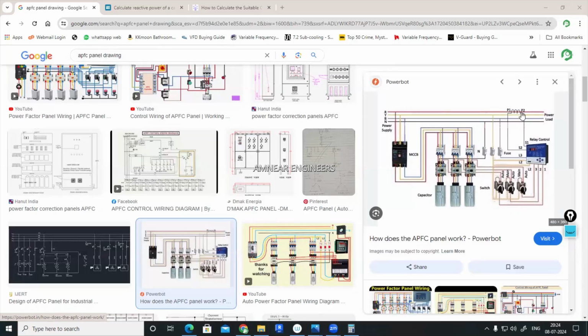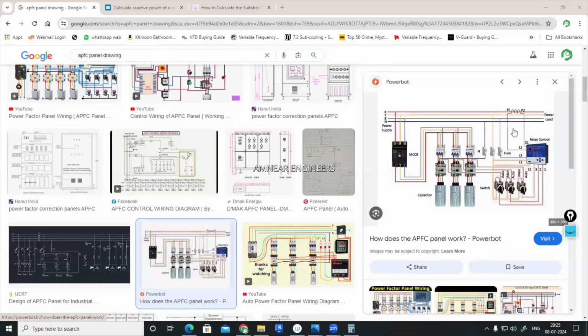This APFC relay needs current and voltage input. There you can see a CT, current transformer, used to measure the current, converting it to a smaller value which is measurable by the relay. By identifying the current and voltage, it can measure the power factor, which is displayed here.